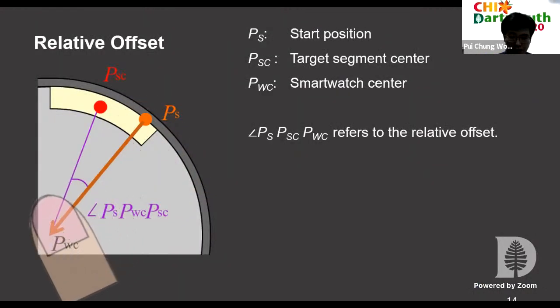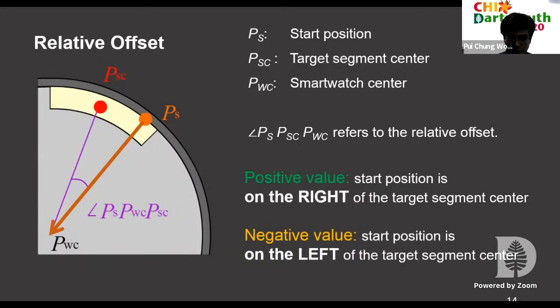We also analyzed the relative offset, which is the angle difference of the start position to the center of the target segment. A positive value means that the start position is on the right of the target segment center, and a negative value means that the start position is on the left of the target segment center.